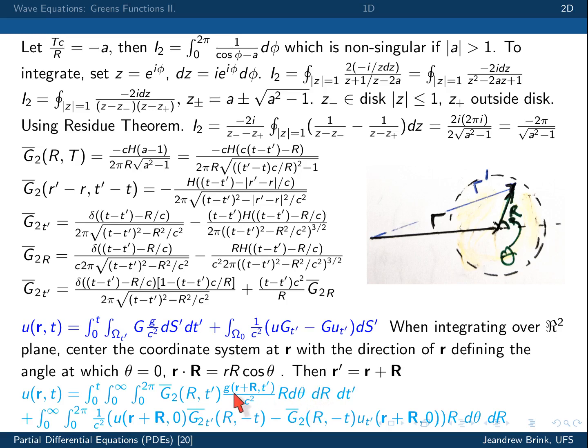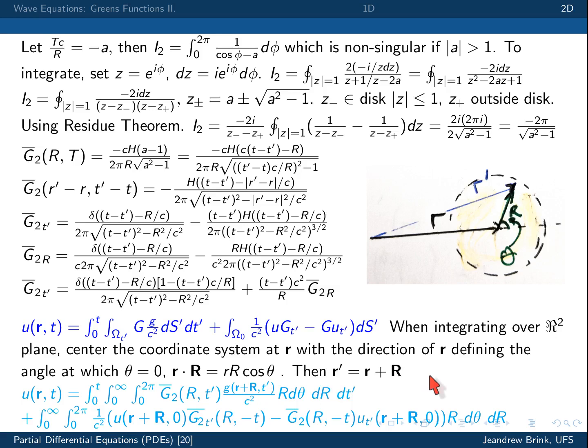Then you integrate the source term at r prime, which is then just r plus r over c squared, and you do a similar thing for the initial condition. Here's our initial condition that's given, here's our initial time derivative that's also given, and here are the Green's functions evaluated at the source time equal to 0.